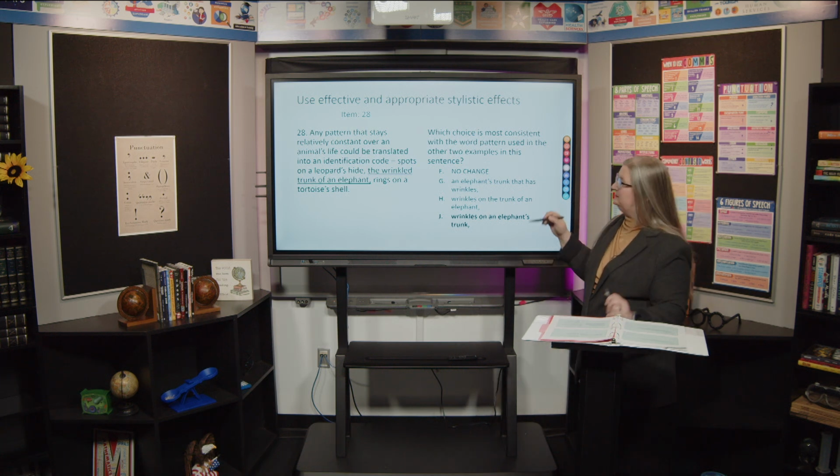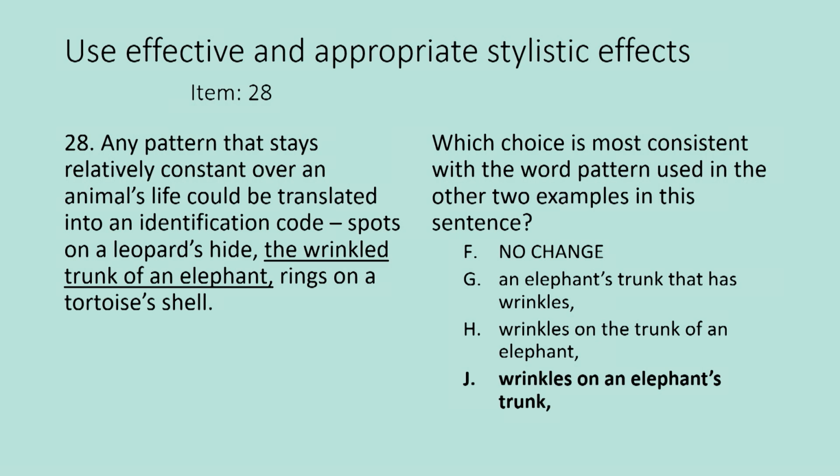Any pattern that stays relatively constant over an animal's life could be translated into an identification code. Spots on a leopard's hide, the wrinkled trunk of an elephant, or rings on a tortoise's shell. The question stem says, which choice is most consistent with the word pattern used in the other two examples in this sentence?